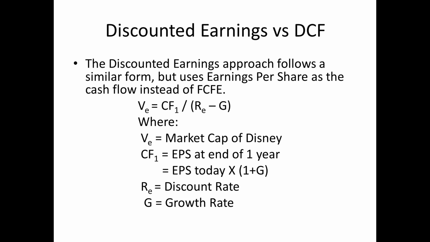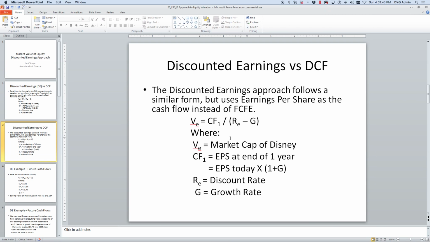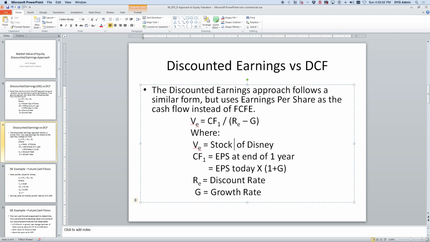And two, it's per share, so it's divided by the number of shares outstanding. That division doesn't really affect anything. You could always just use the market capitalization of the firm and the earnings per share. But instead, we're going to use the stock price of Disney and the earnings per share.